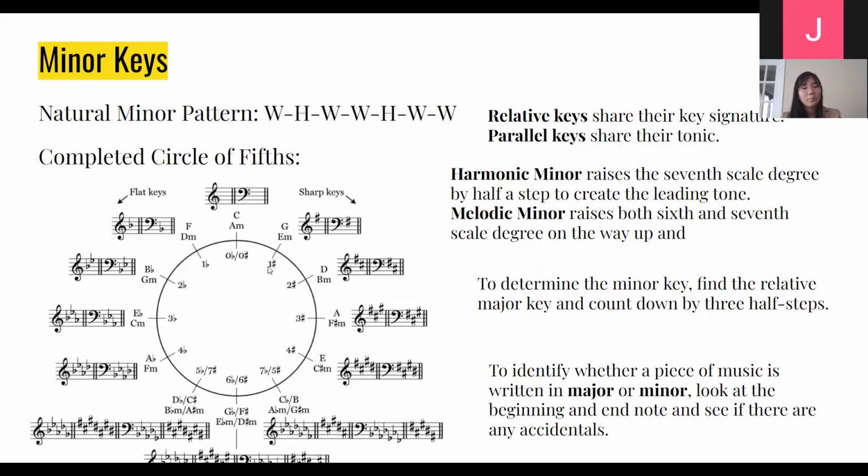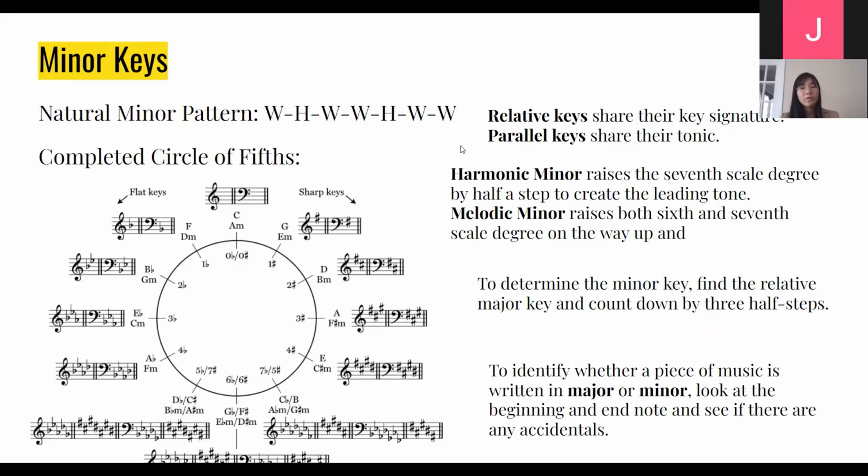So if you notice, C and C minor are a fourth apart, but sometimes it's a fifth apart, sometimes they're a fourth apart. So that's why it would be called the circle of fifths or the circle of fourths.